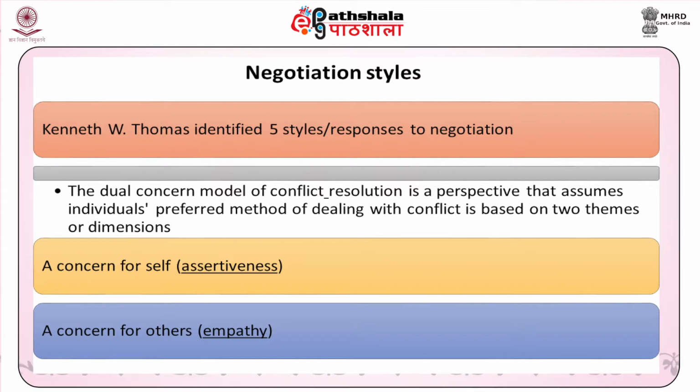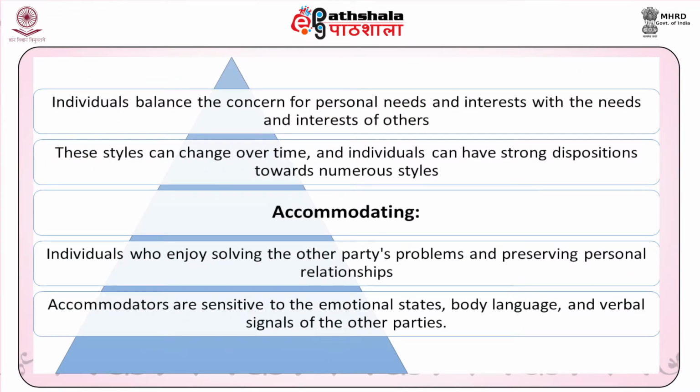One is a concern for self, that is assertiveness, and the other is a concern for others, that is empathy. Based on this model, individuals balance the concern for personal needs and interests with the needs and interests of others.